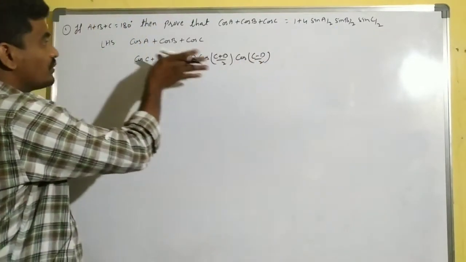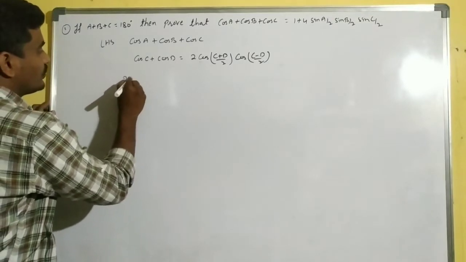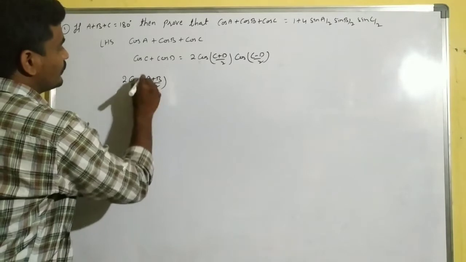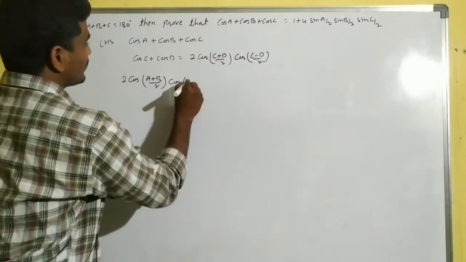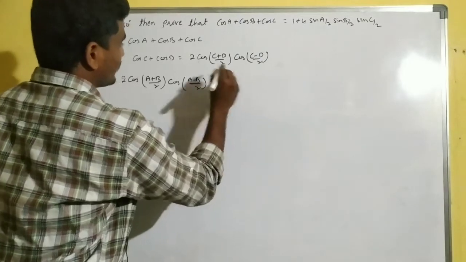I am going to use this formula on the first two terms. So what we get here: 2 cos of a plus b by 2 into cos of a minus b by 2, plus cos c.